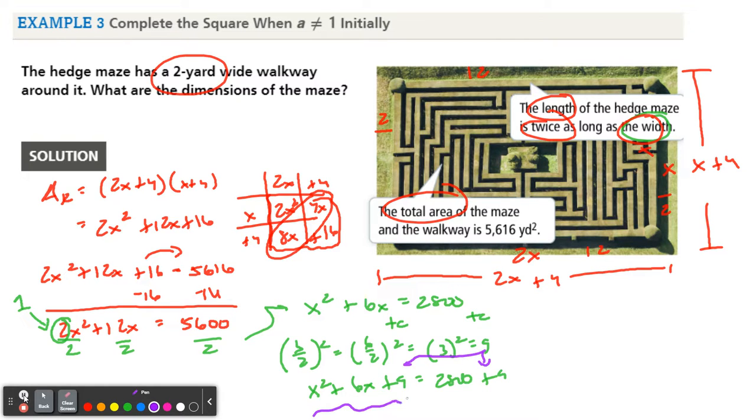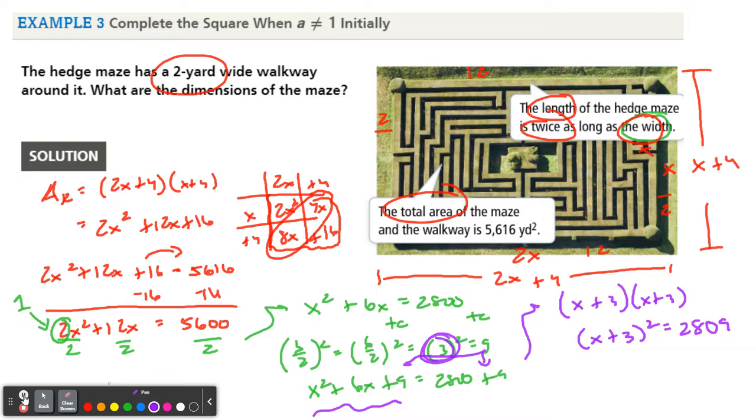So now this left-hand side we're going to factor. It's x plus 3 and x plus 3. Factors of 9 that add to 6. Again, the 3 is right there. And this is going to be x plus 3 squared, and that's going to equal 2809.